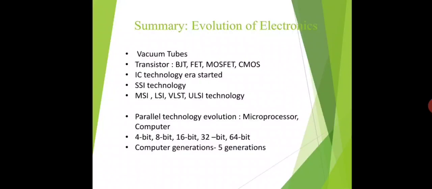So if you see this evolution of basic electronic devices, because of this evolution, parallel technology evolution took place in microprocessor devices and in computer generations also. Because of vacuum tubes to VLSI technology, the parallel evolution in the microprocessor was initially the 4-bit microprocessor.